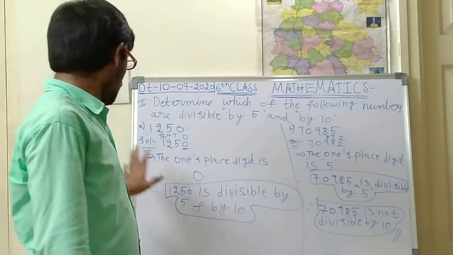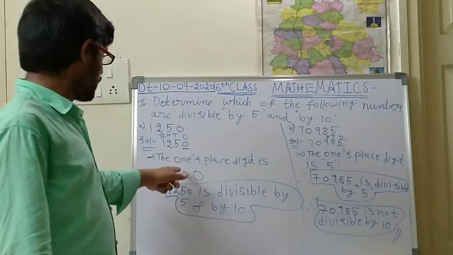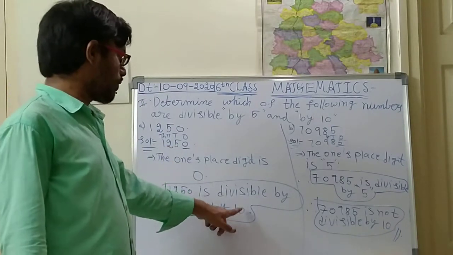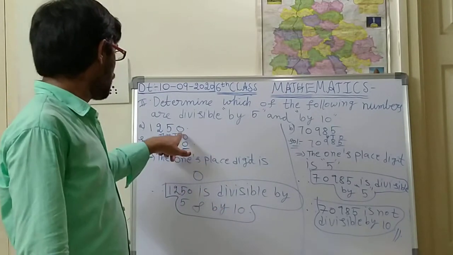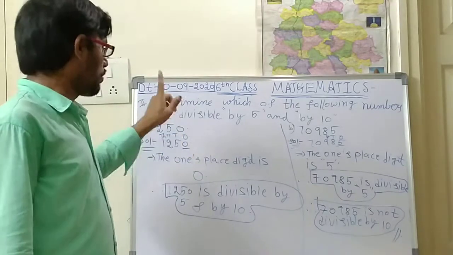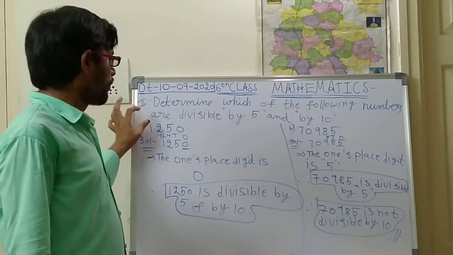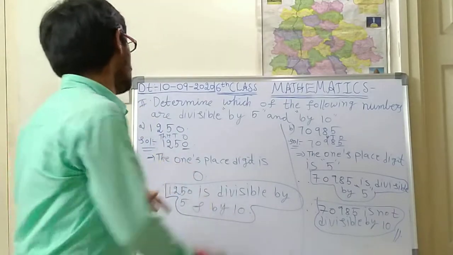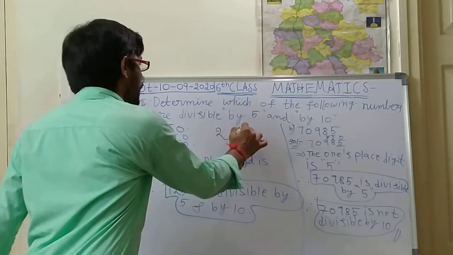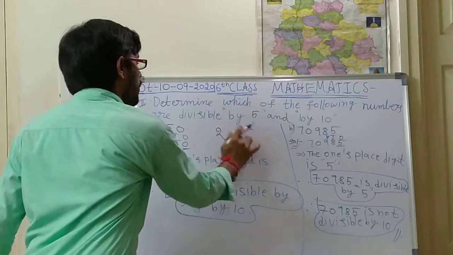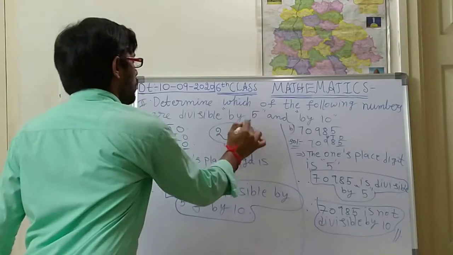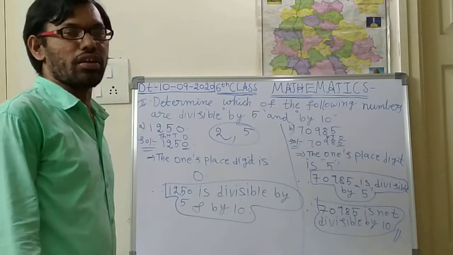So here in the first problem, this is divisible by 10, is it right, children? Because the ones place digit is 0. So he is asking whether those numbers are divisible by 2 and by 5.